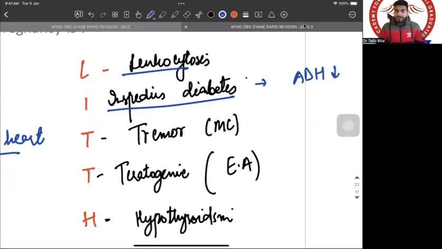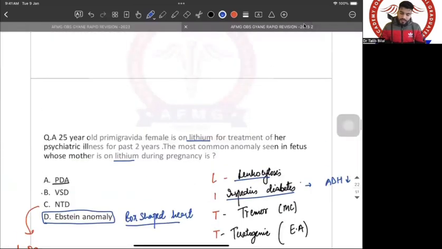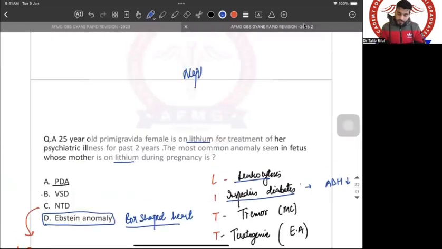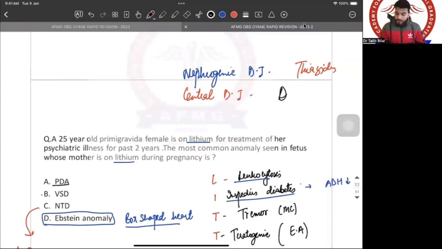And for diabetes insipidus, we have three conditions. If you have nephrogenic diabetes insipidus, your drug of choice will be thiazides. If you have central diabetes insipidus, guys, your drug of choice will be desmopressin.